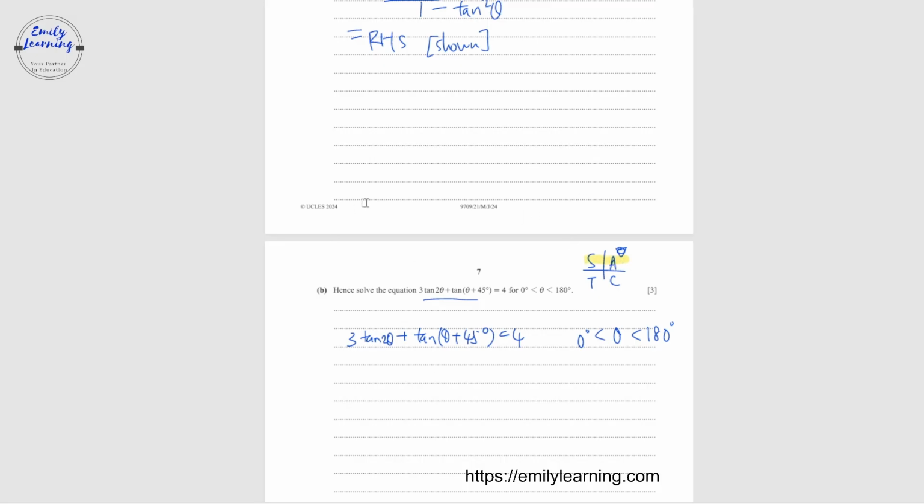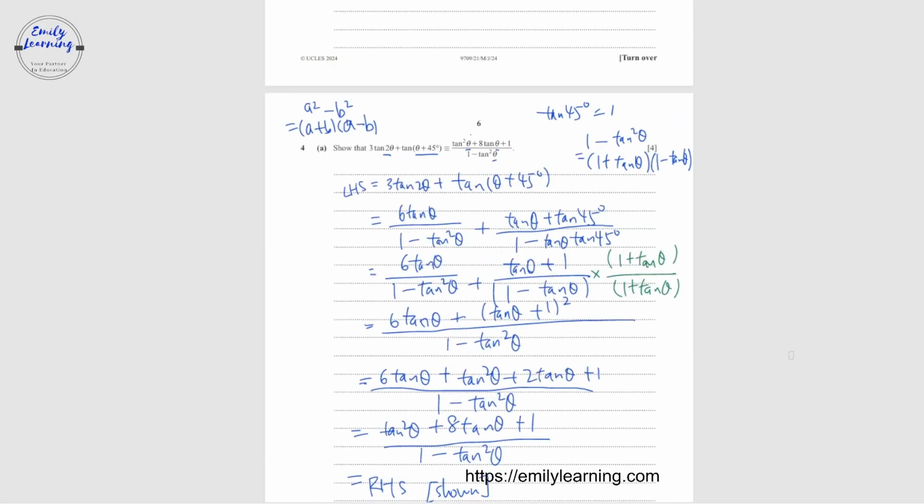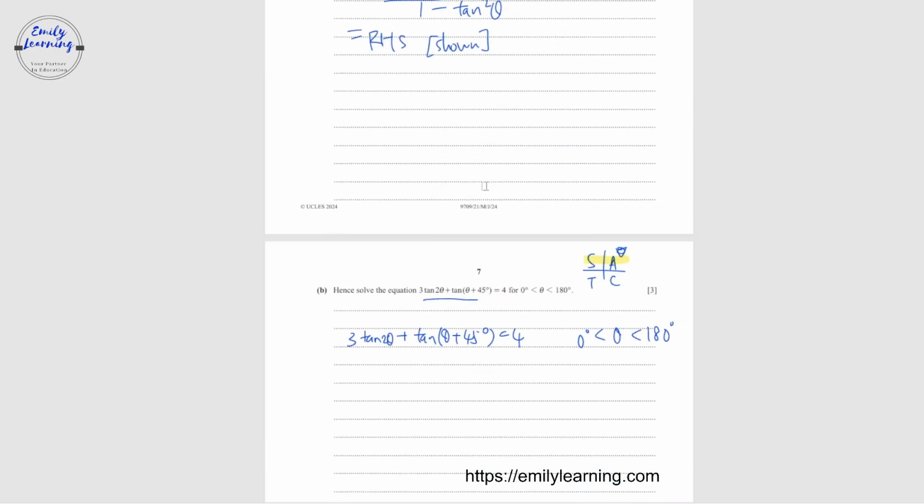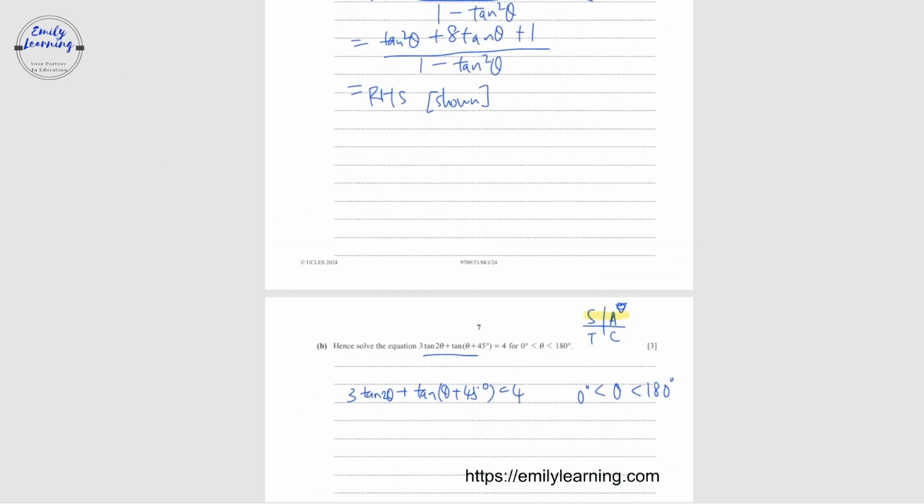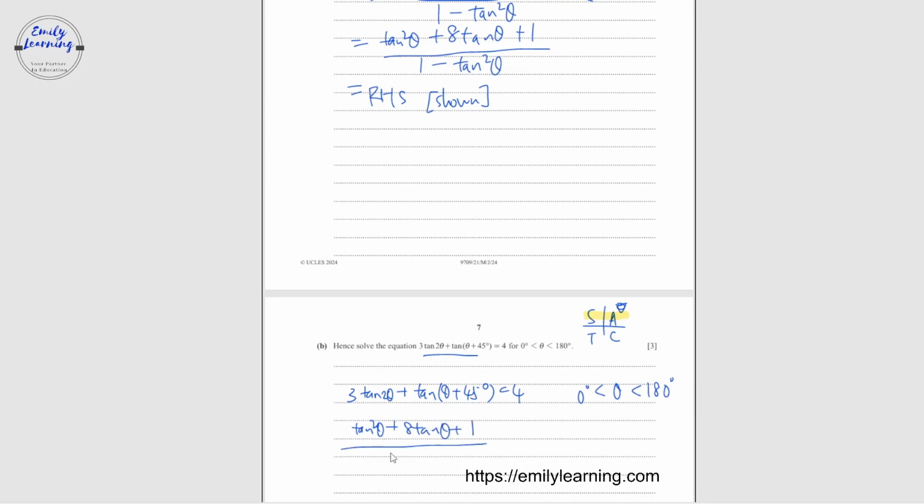Now I know that this is equal to this. So I'm going to rewrite it: 3 tangent 2 theta plus this 45 degrees expression is the same as tangent squared theta plus 8 tangent theta plus 1 over 1 minus tangent squared theta.